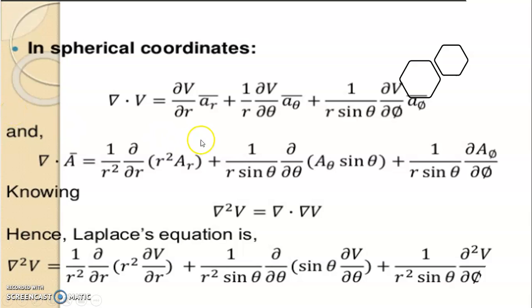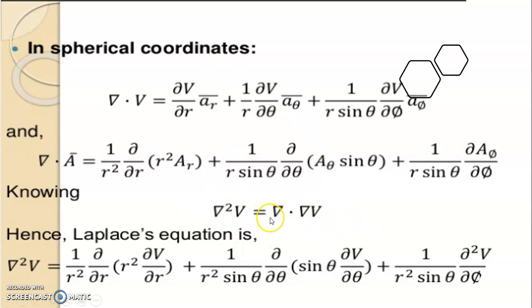For the spherical system, del V is del V upon del r of ar plus 1 by r del V upon del theta of a theta plus 1 by r sin theta del V upon del phi of a phi, and del dot A is 1 upon r square del by del r of r square A r plus 1 by r sin theta del by del theta of A theta sin theta plus 1 by r sin theta del A phi by del phi.